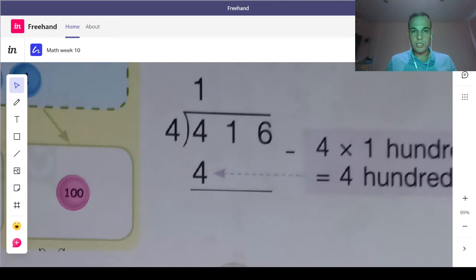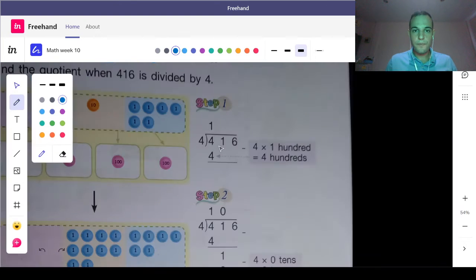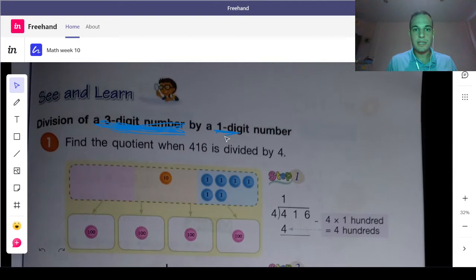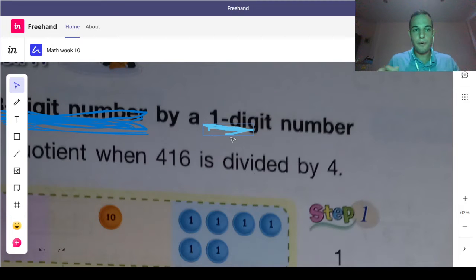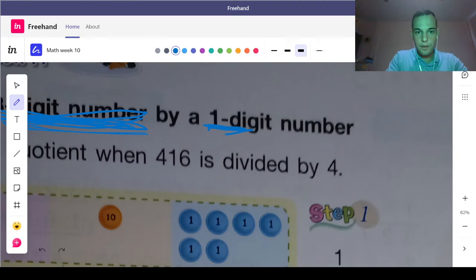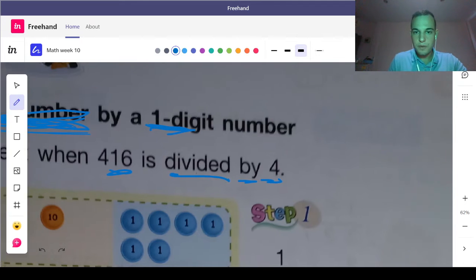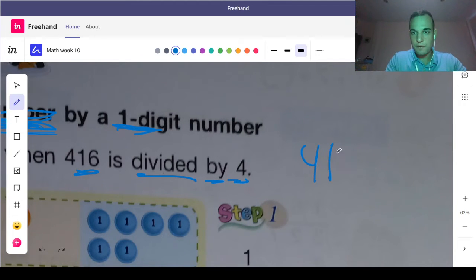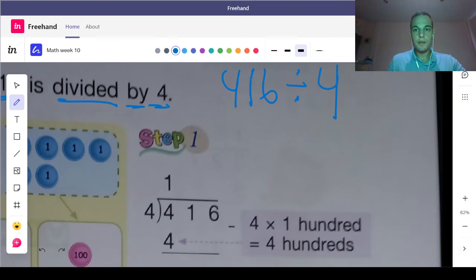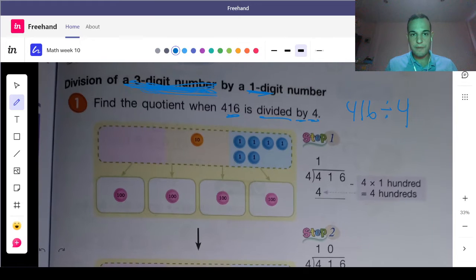And the first question is 416 divided by 4. So that is like this. Okay, so what do we have here?